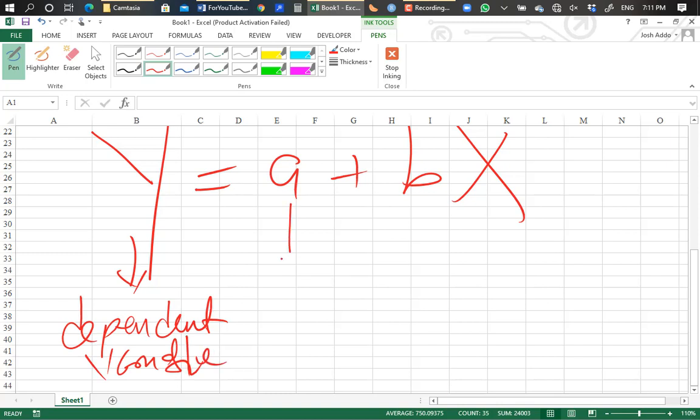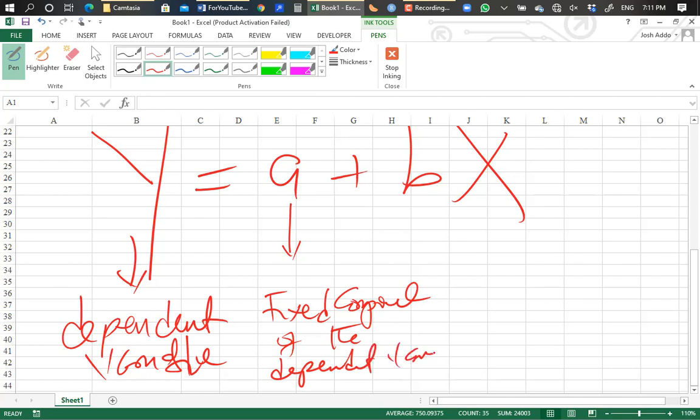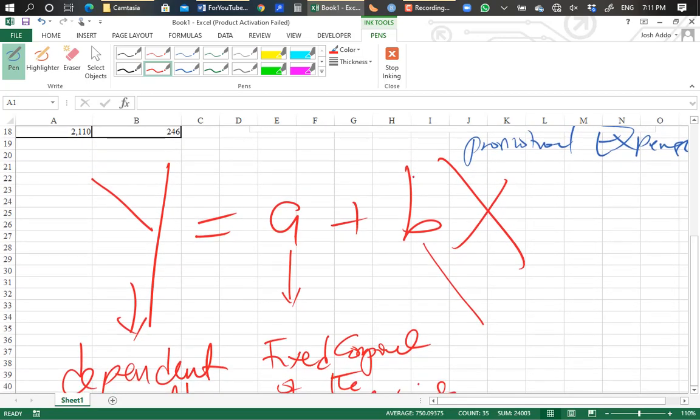This a is the fixed component of the dependent variable. This b, let me talk about the whole of the bx.